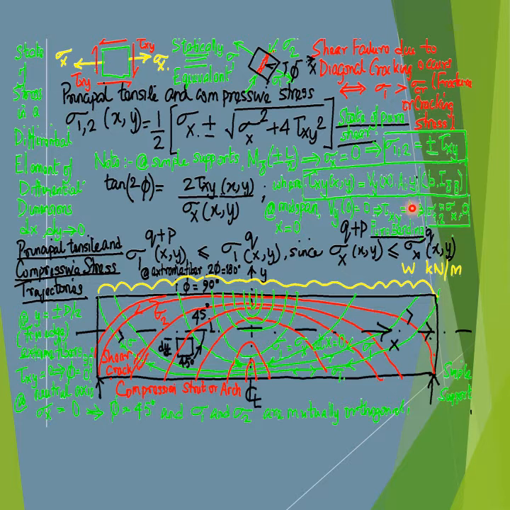And thus substituting a 0 value for the shear stress tau xy into the well-known relationship for principal tensile and compressive stress sigma 1 and 2 respectively, the principal compressive as well as the principal tensile stress sigma 2 and 1 respectively are 0 and sigma x respectively.